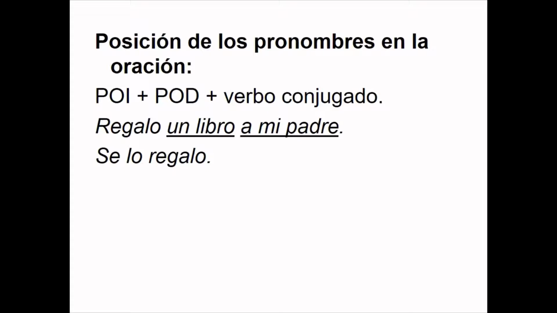If le or les coincide with the direct object pronoun, it becomes se and is placed in front of the direct object pronoun. Se lo regalo. Because the verb is conjugated, we place both pronouns in front.